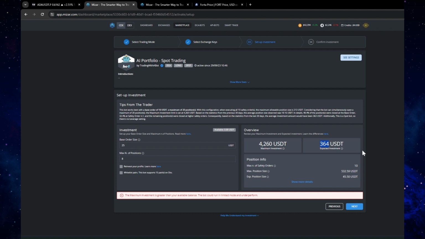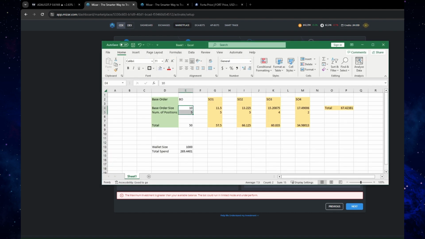And one of the ways, a slightly different way of how I recommend the wallet size to people, is I tell them, well, take your base order size and your max position size, and multiply that together, which would give you the base order requirement. This one, right? Take this and this.